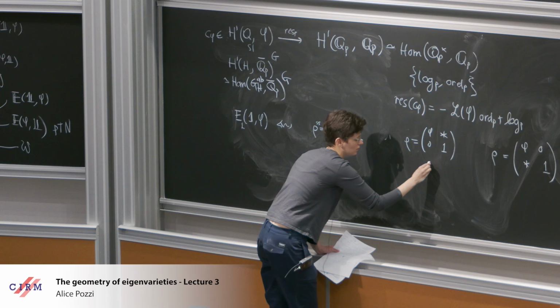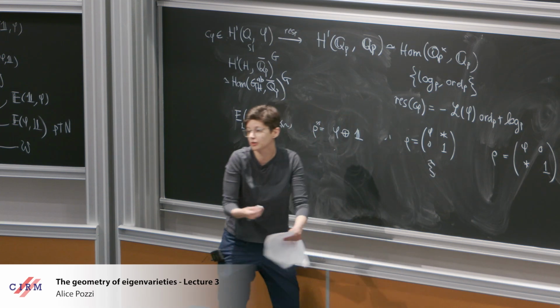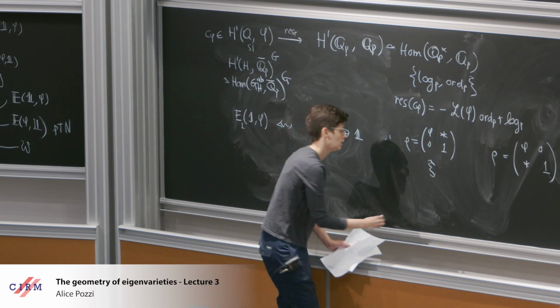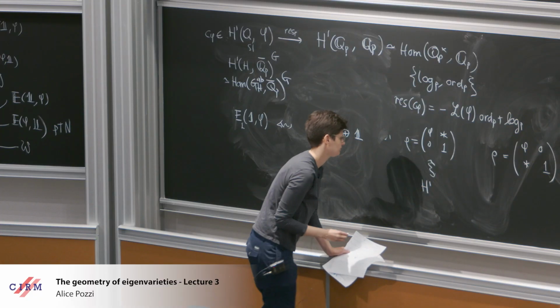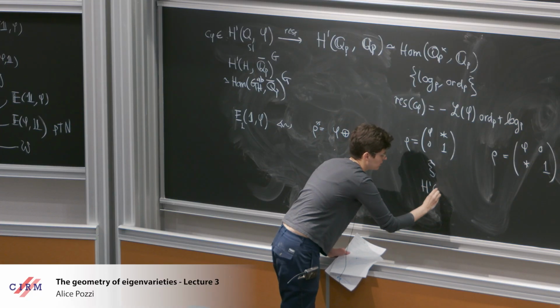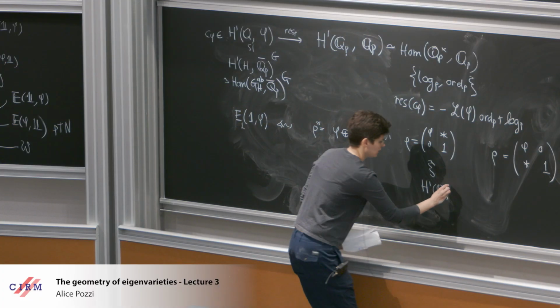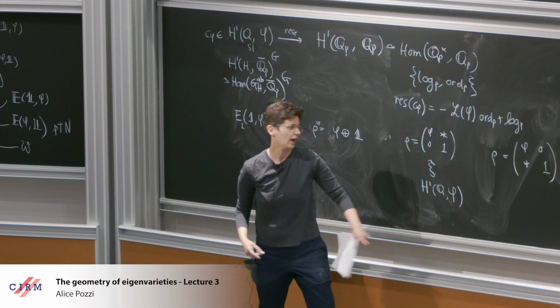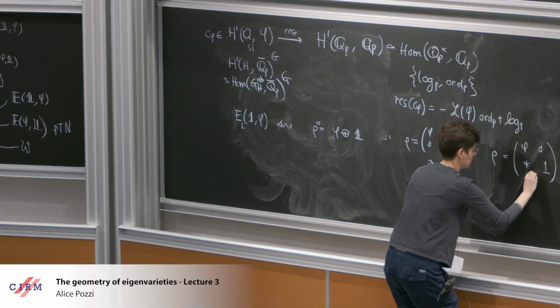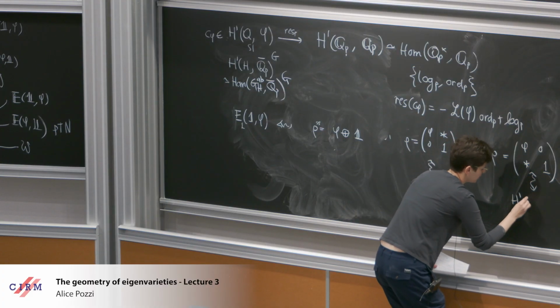And these should correspond, as we've seen similarly to the previous example, to H1. This should be classified by this group here, and this one will be classified by the one corresponding to the inverse character.